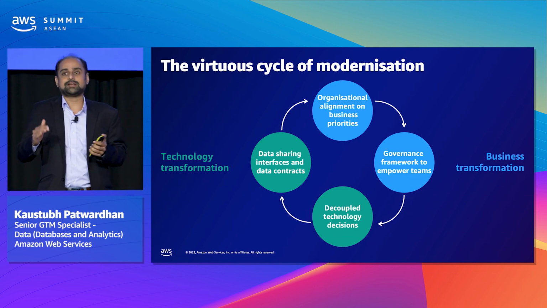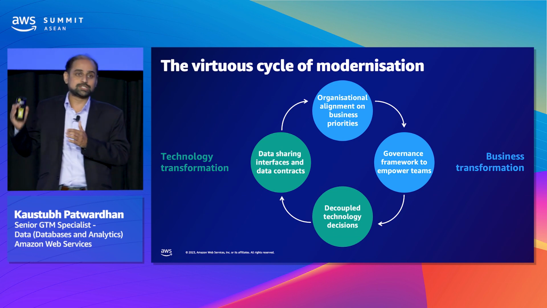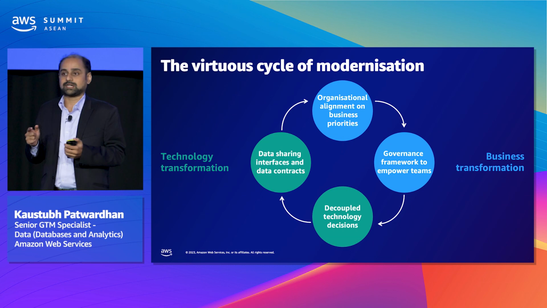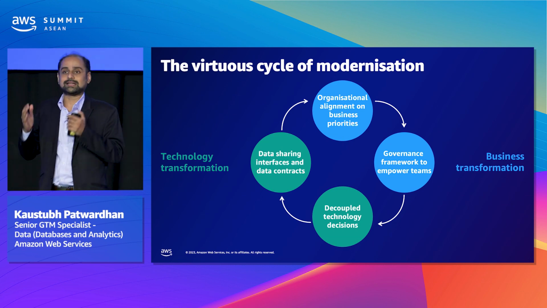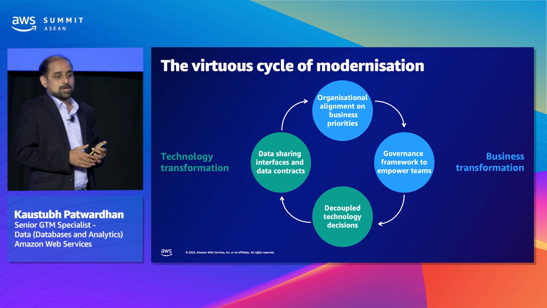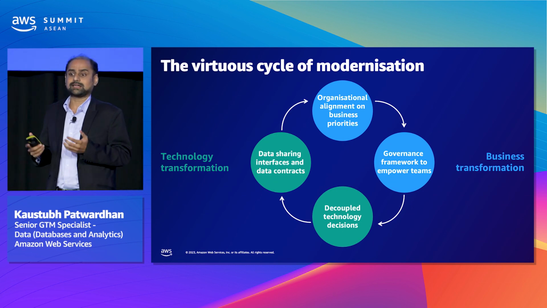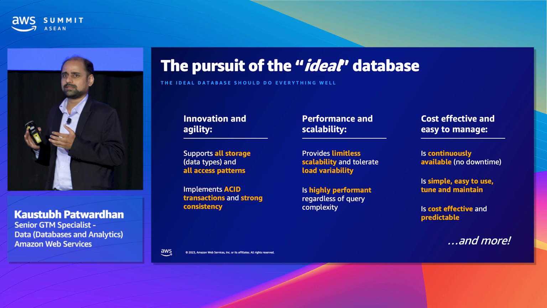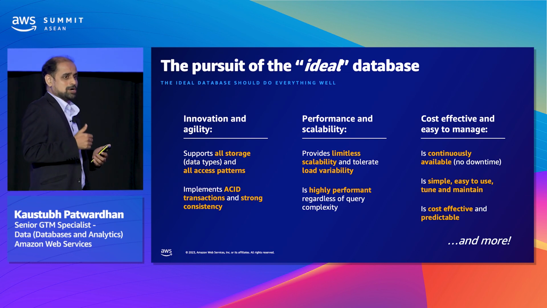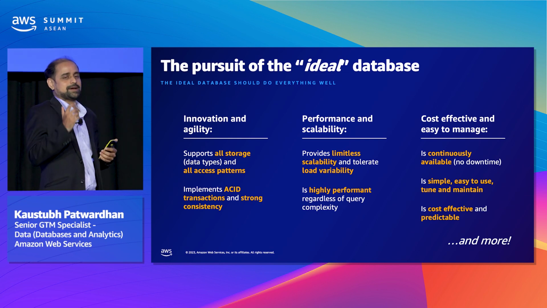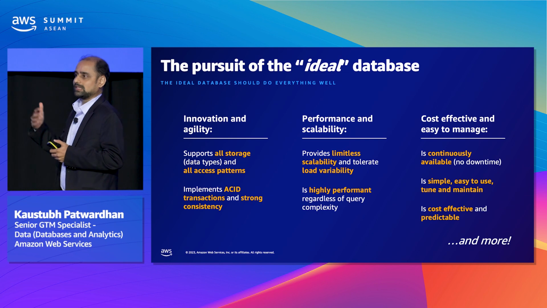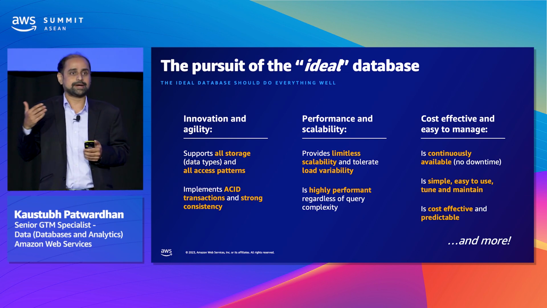So on one side, you have business transformation, which leads to a technology transformation, and that again feeds into business transformation, making sure that there is a perfect alignment with the business for the technology. So this virtuous cycle is there, and this pursuit of modernization has led many organizations to search for the right ideal data store, the right ideal database, which meets all these 6 characteristics of a modern data store.